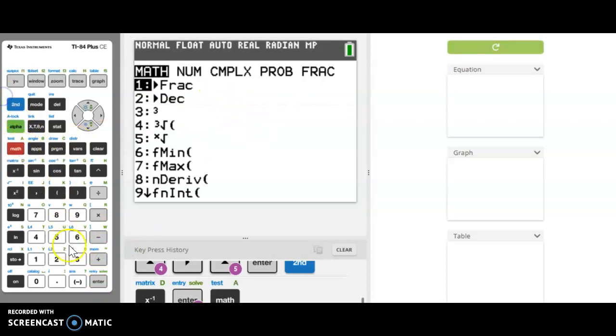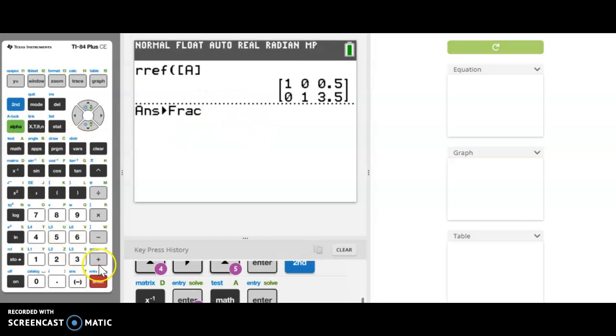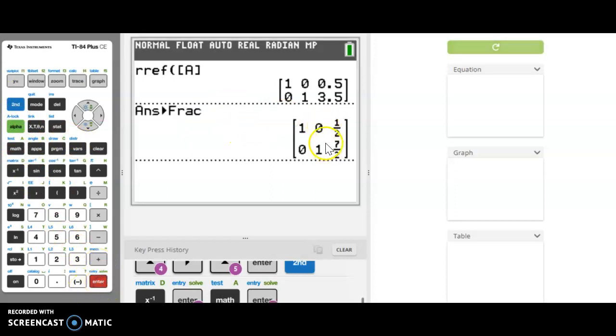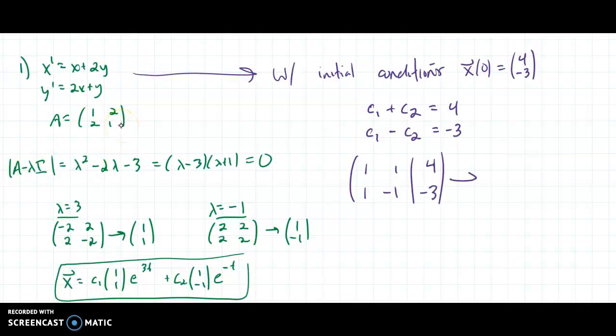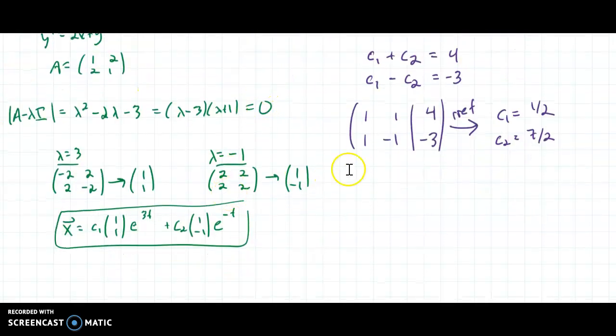And if you can't see that, or rather 7/2, we can math frac a half and 7/2. So I am okay in this class with you drawing an arrow, writing rref, and saying C1 is 1/2 and C2 is 7/2. And then what you can do is write out the solution.